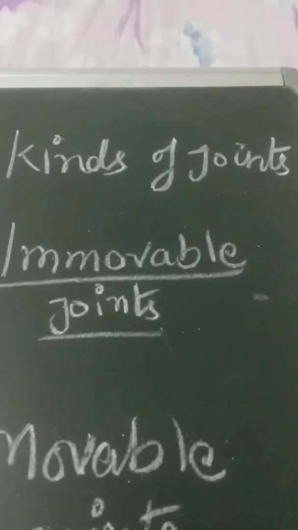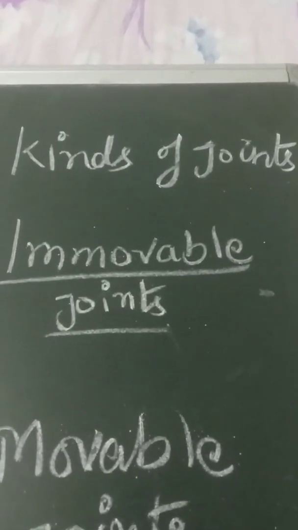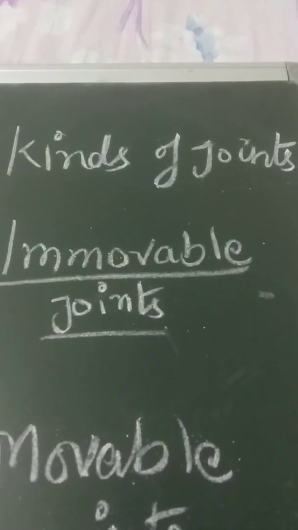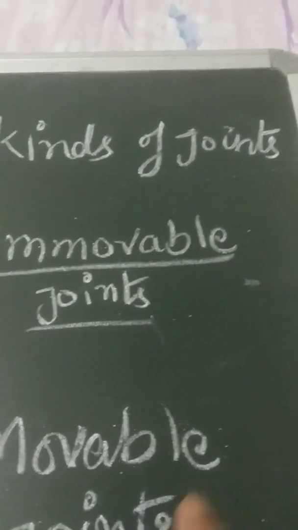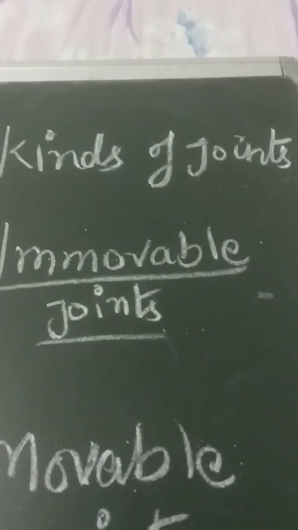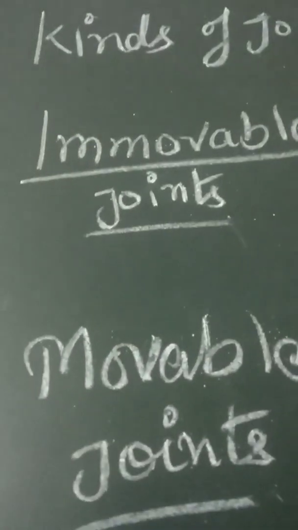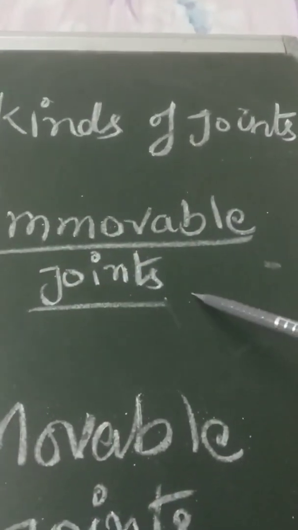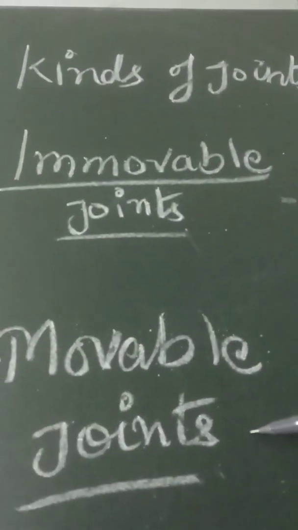Now we will go through the kinds of joints. Joints are classified into two groups: immovable joints and movable joints. Which two joints are they? Immovable joints and movable joints.